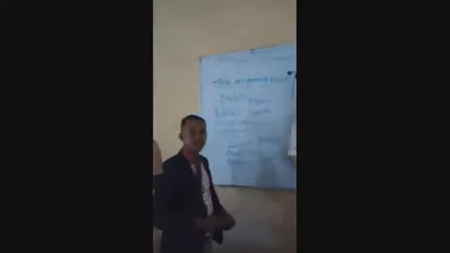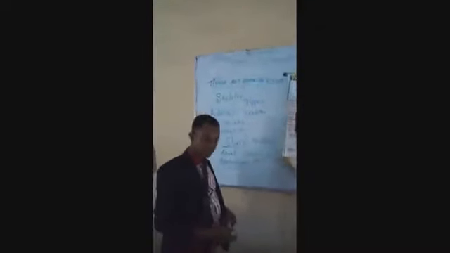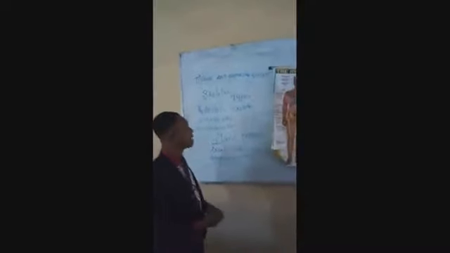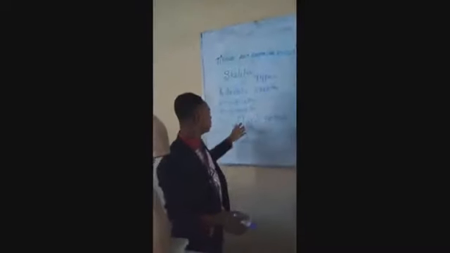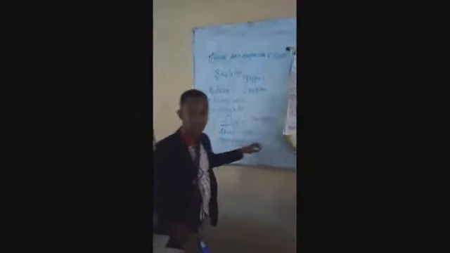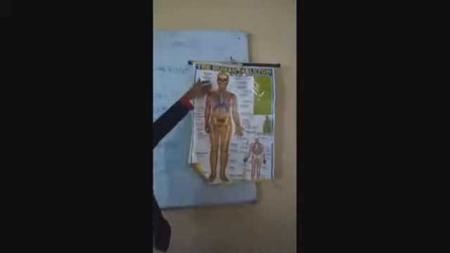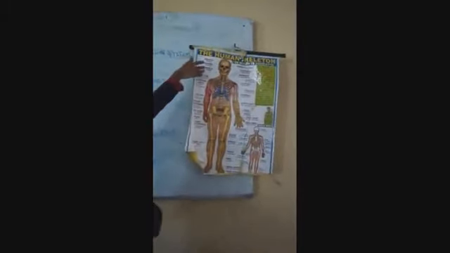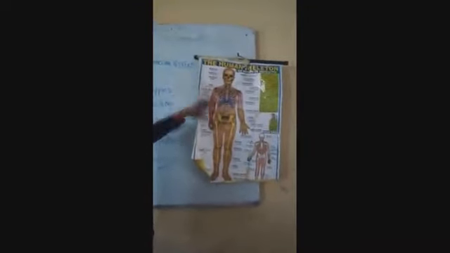So in higher animals, like man as an example, the skeleton can be grouped into axial skeleton and appendicular skeleton. So here is a skeleton. As you can see, the skeleton in man can be grouped into axial and appendicular.